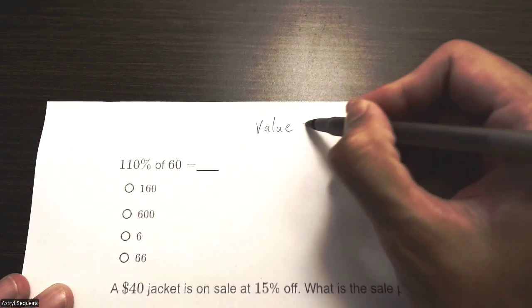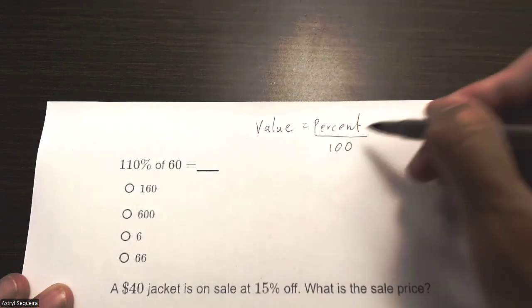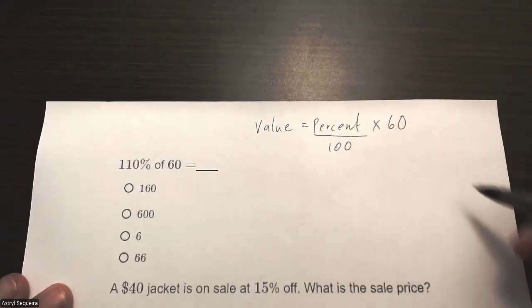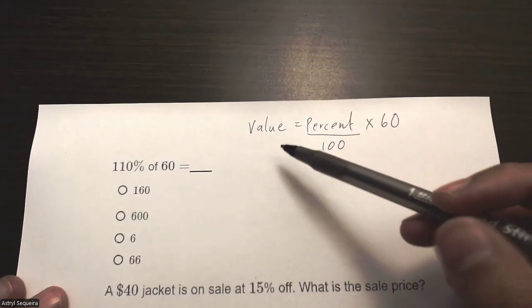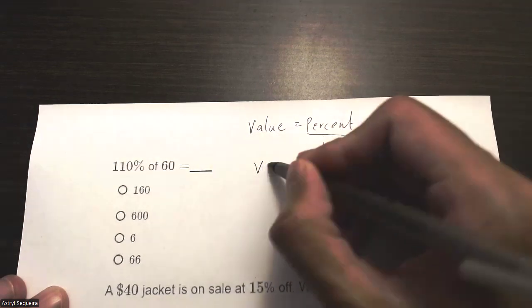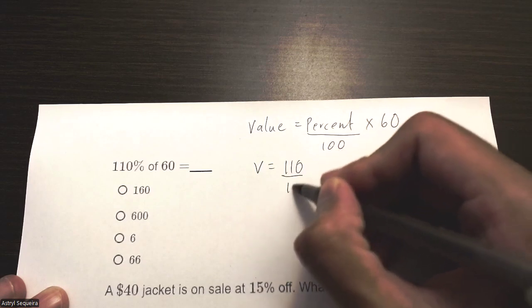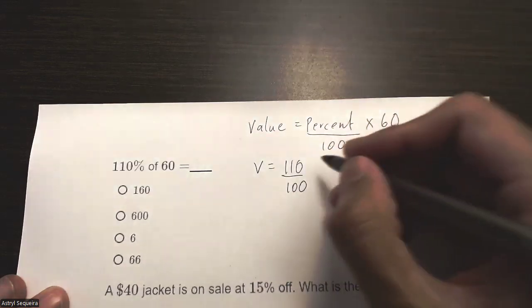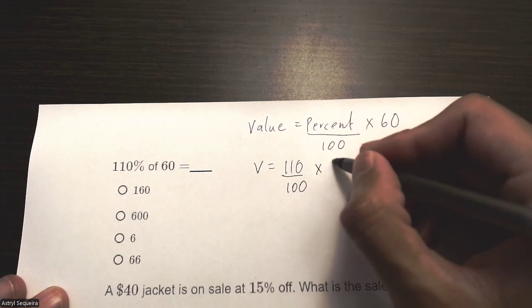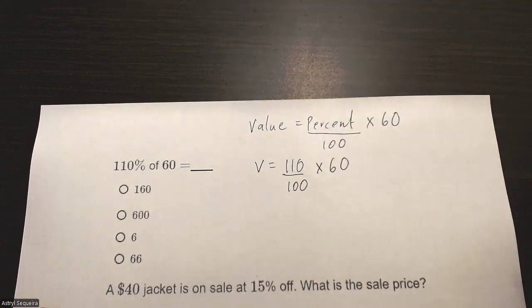Value equals percent over 100 times 60. So in this question, I'm trying to find the value. The percent is 110. And the total initial value is 60 basically.